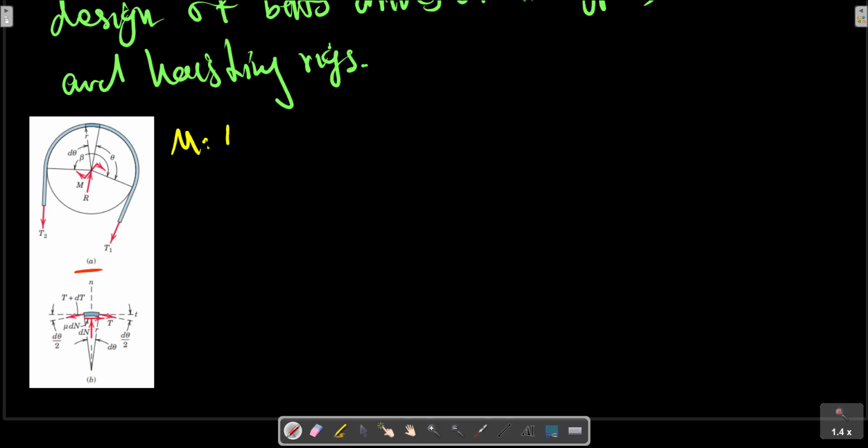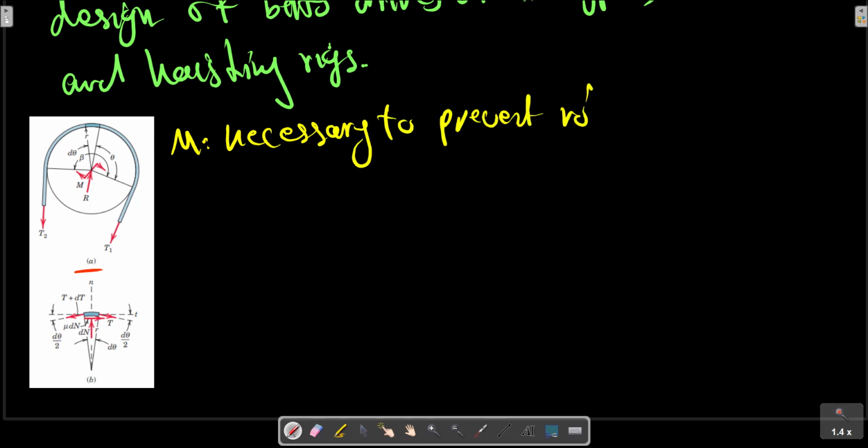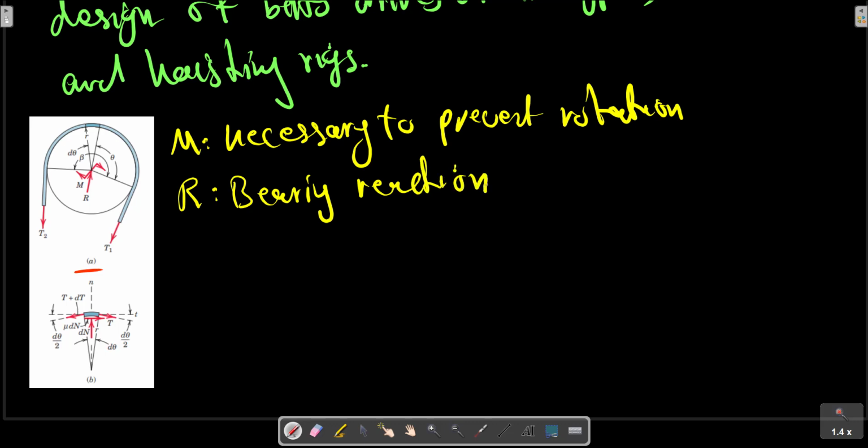To prevent rotation, and a bearing reaction R. With M in the direction shown, T2 is greater than T1.